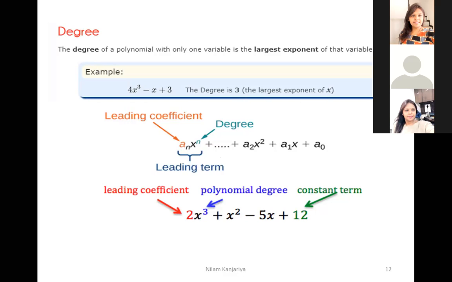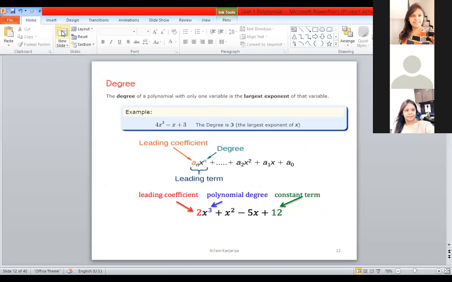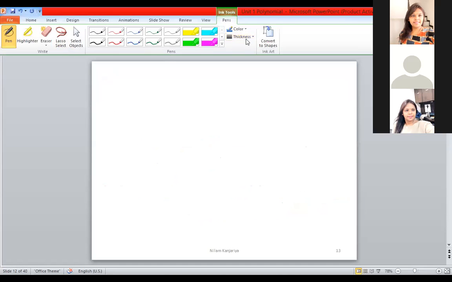So a 1 mark MCQ comes from this also. I will give you only one example, not more.